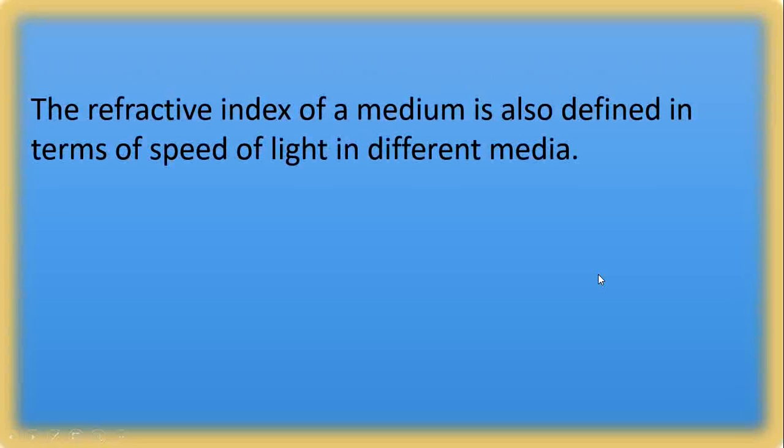The refractive index of a medium is also defined in terms of the speed of light in different media. We can define this refractive index using the speed of light. In the previous case, we defined the refractive index in terms of angles. Now we define it in terms of the speed of light.